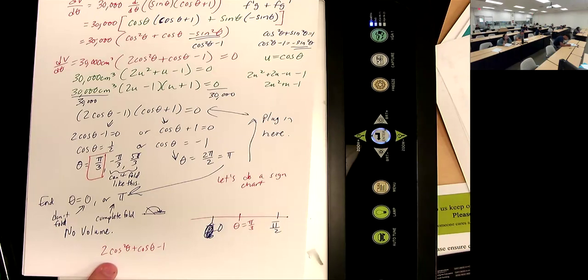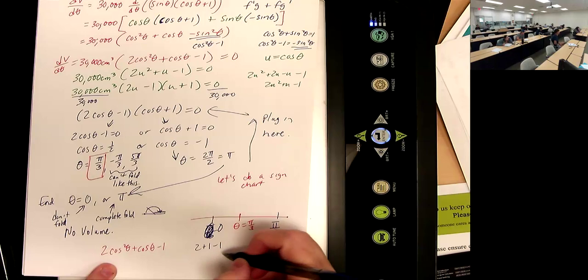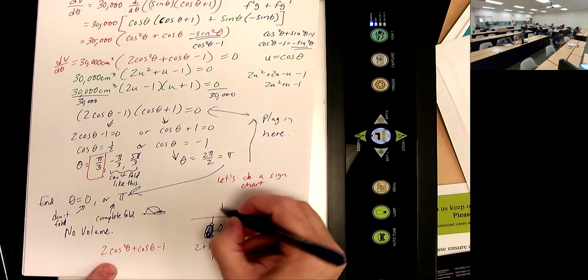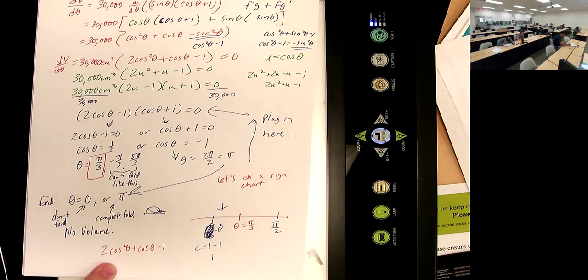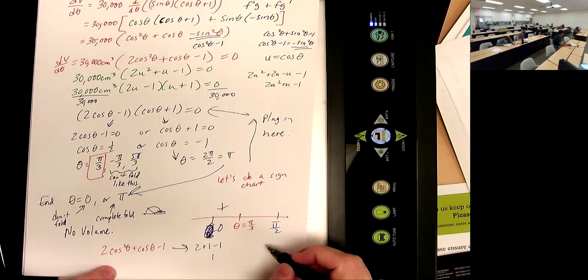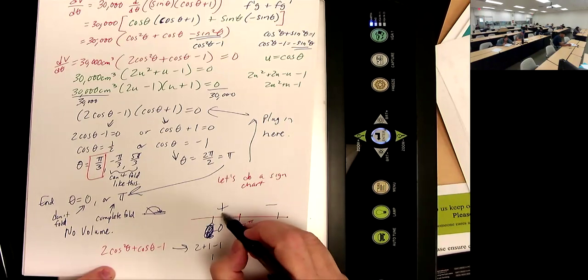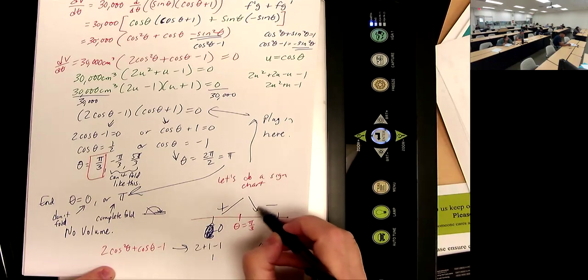Cosine of 0 is 1. So I've got 2 plus 1 minus 1 is 2, which means it's positive here. And if I plug in pi/2, cosine of pi/2 is 0, so 0 plus 0 minus 1 is -1, it's negative here. The slope is going up and then down.